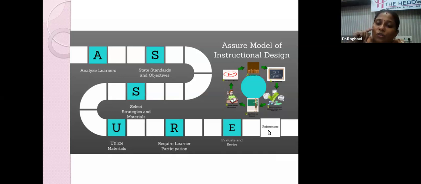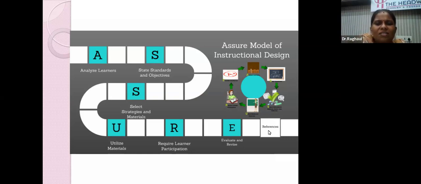So you reflect on your objectives, you reflect on your instruction strategy, you reflect on your instructional materials, you reflect on the assessment. So this particular step will determine if the lesson was effective, whether any particular step needs to be modified or re-examined. So this is the entire ASSURE model.